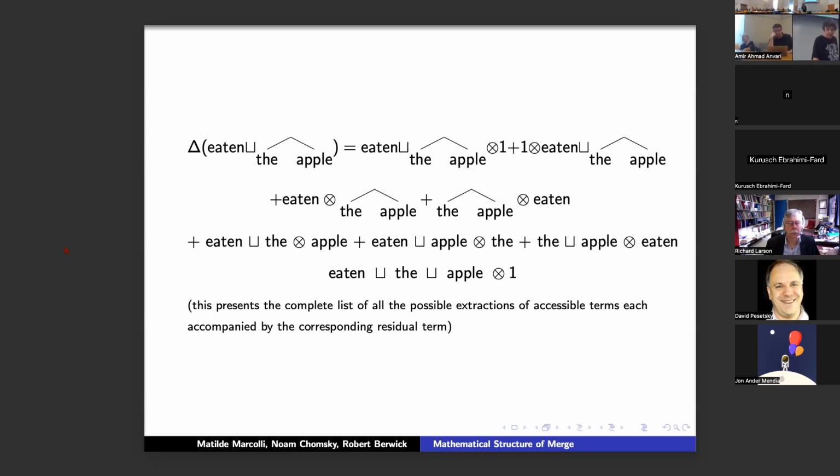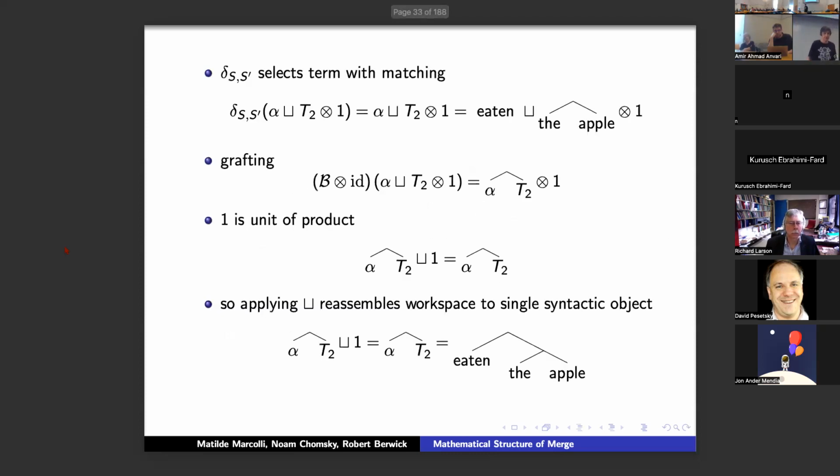So the thing that looks for matching terms and selects the matching term finds that the first term is already okay. I just pick that term. And now I get that term in my grafting operation, which means that I take these two components and append them by the same root. And I get my external merge.